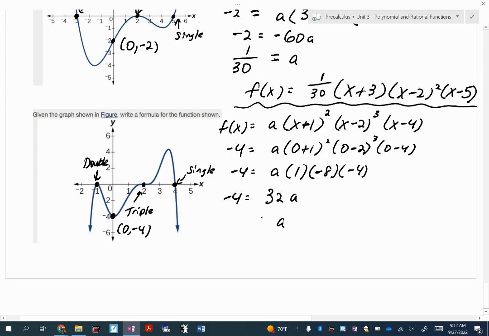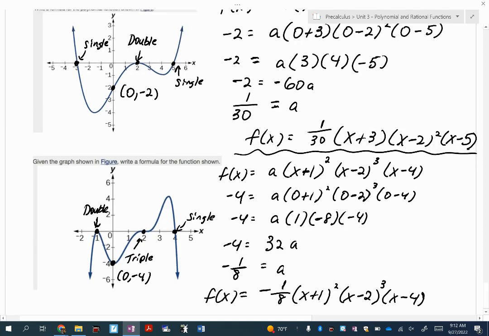So to move that 32 over with division, you get negative 4 over 32, which reduces to negative 1/8. So my answer with my a now is negative 1/8 times x plus 1 squared times x minus 2 cubed times x minus 4.